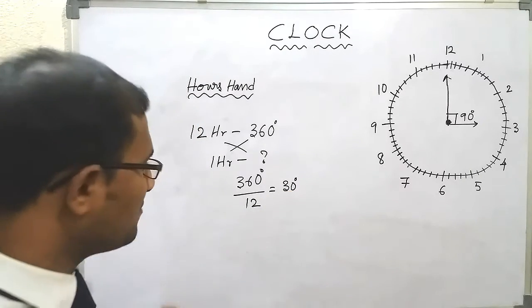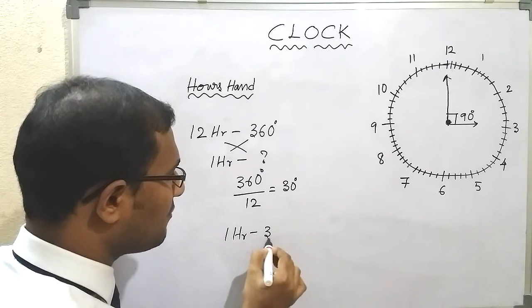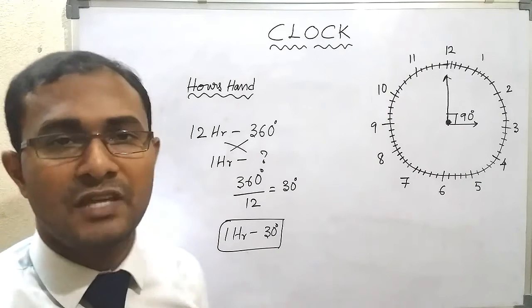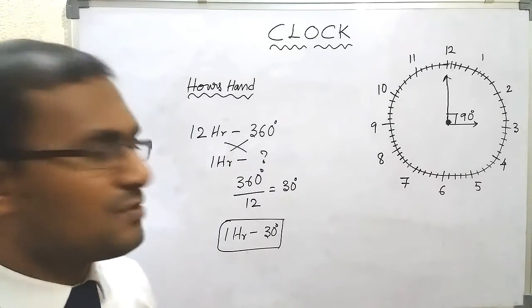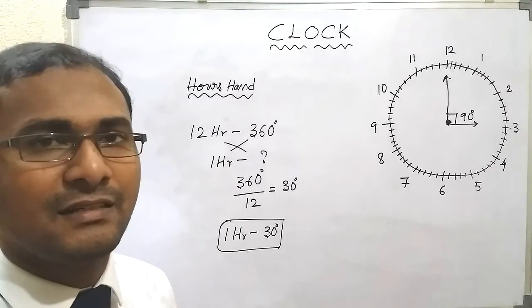For every 1 hour, the hours hand covers 30 degrees. This condition we have to remember.